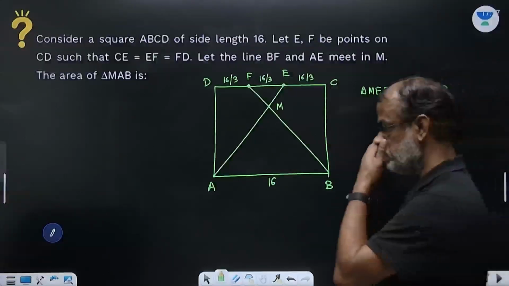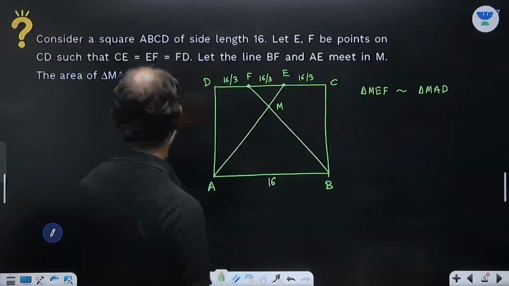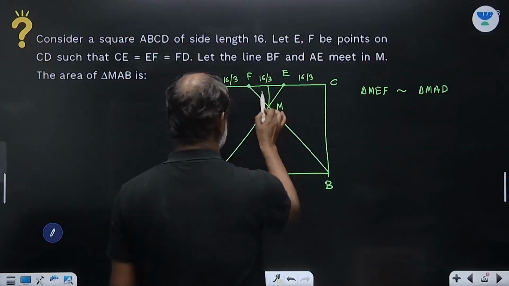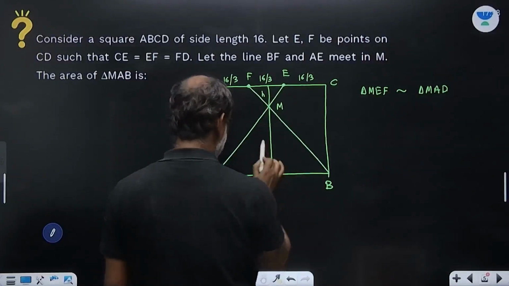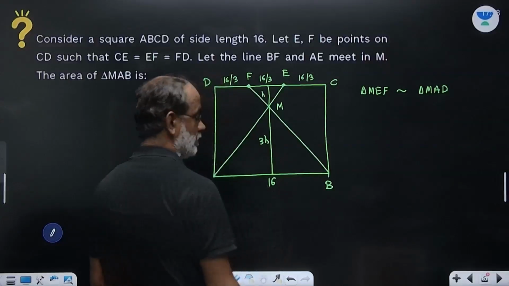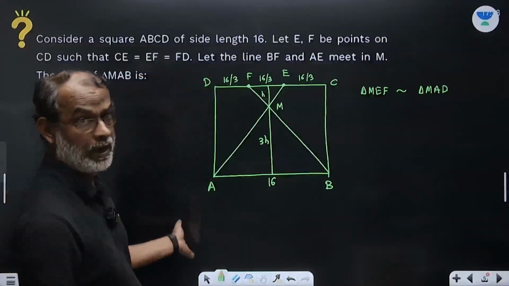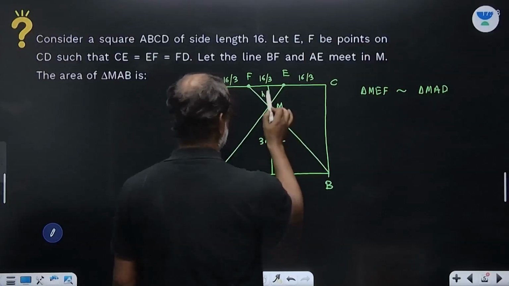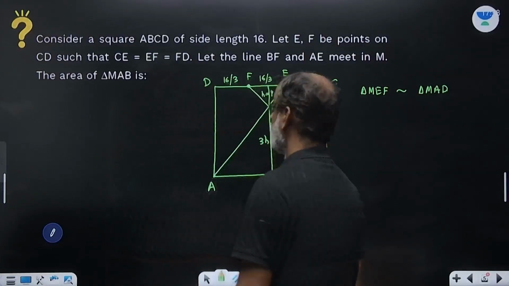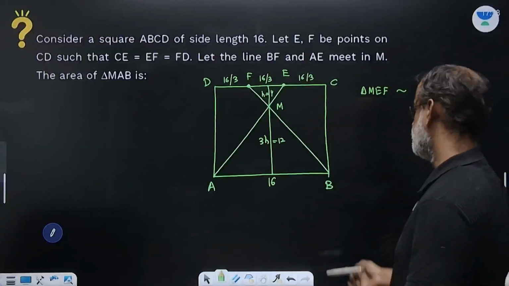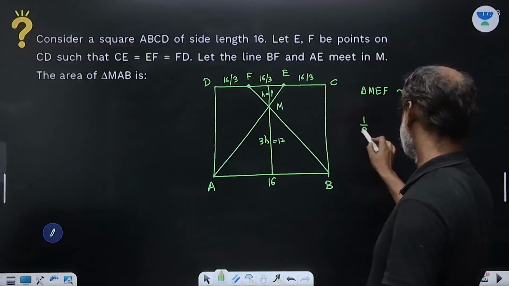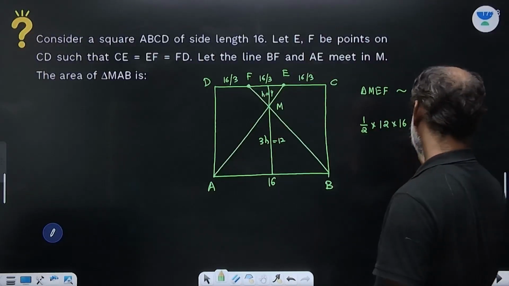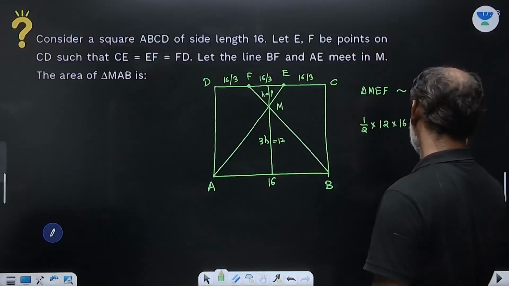So, you have to find area of triangle MAB. If this height is h, this height is going to be 3h, and this whole height is 16. 4h is 16. So, this is 12 and this is 4. So, area of triangle MAB is very simple, half into 12 into 16. This is 96 square units.